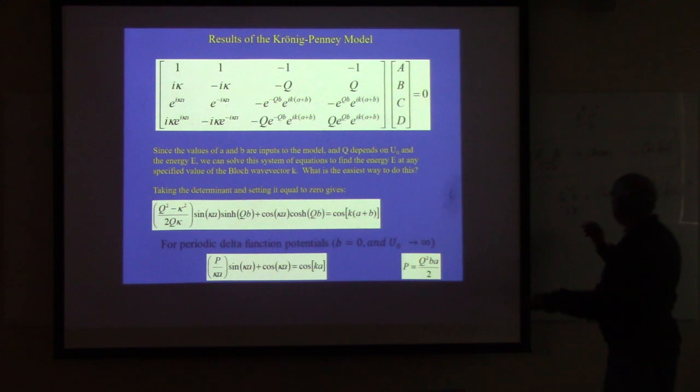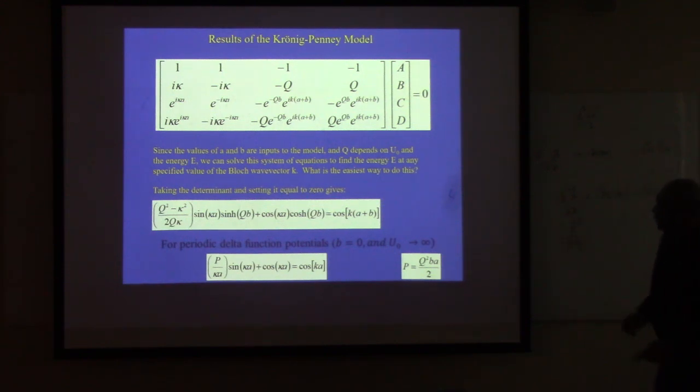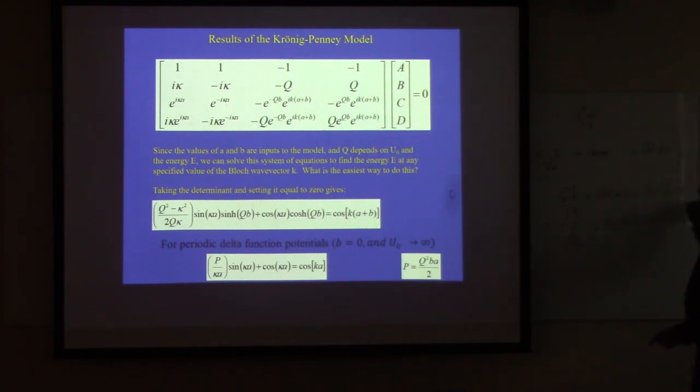Then we have kappa a. So you get P over kappa a, times sine kappa a, plus cosine kappa a, equals cosine Ka. That's the equation for this delta function like potential.